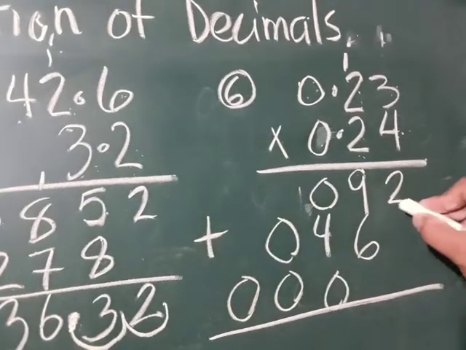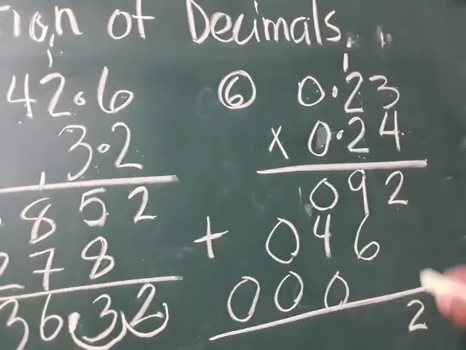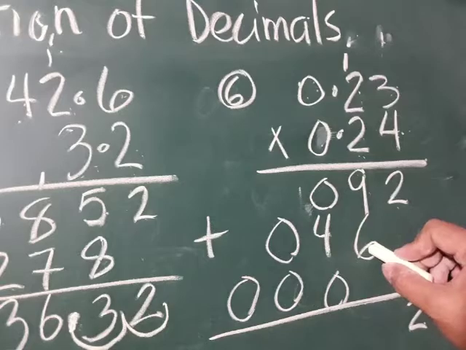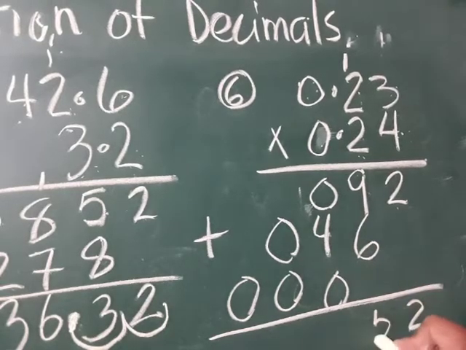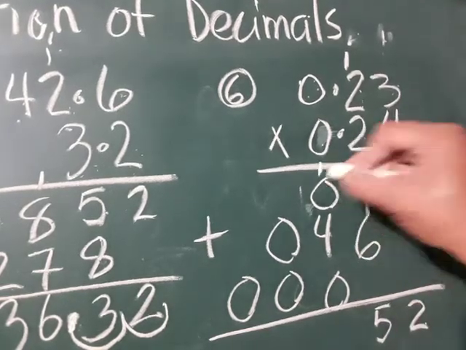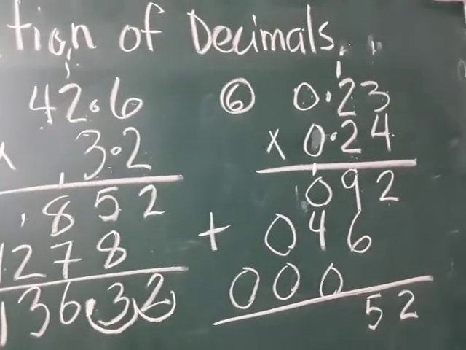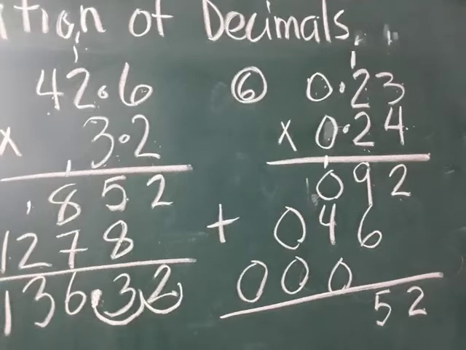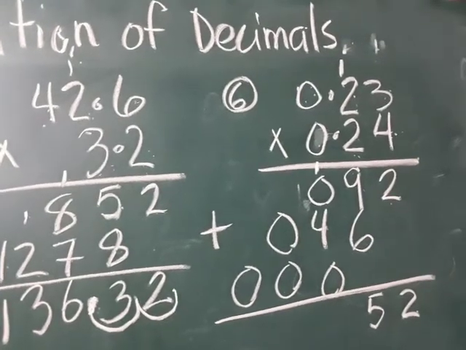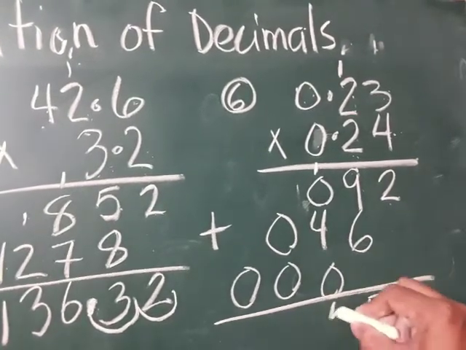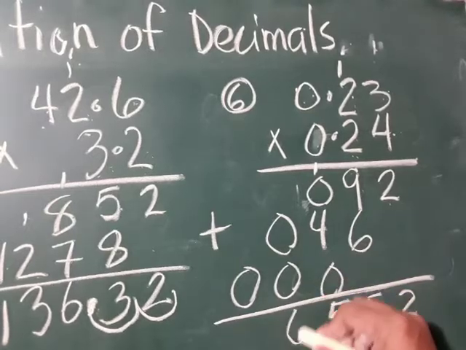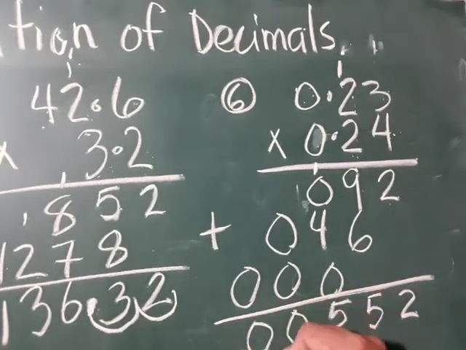Add, bring down 2. 9 plus 6, 15. Carry 1. Next, 4 plus 1 plus 0 is equal to 5. Then bring down 0, bring down 0.